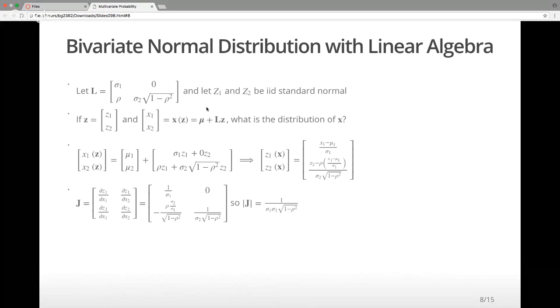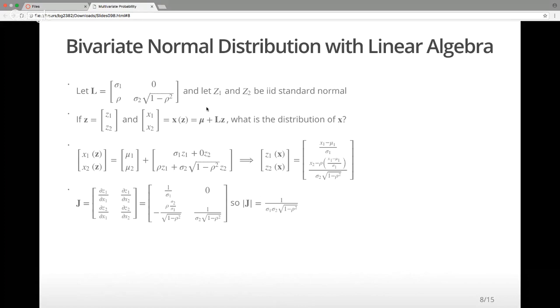So the Jacobian matrix in this case is just 2 by 2. Derivative of z1 with respect to x1, derivative of z2 with respect to x1, derivative of z1 with respect to x2, derivative of z2 with respect to x2. We look at this here. Derivative of z1 with respect to x1 is 1 over sigma 1. Derivative of z1 with respect to x2: z1 is not a function of x2, so the derivative over here is 0.